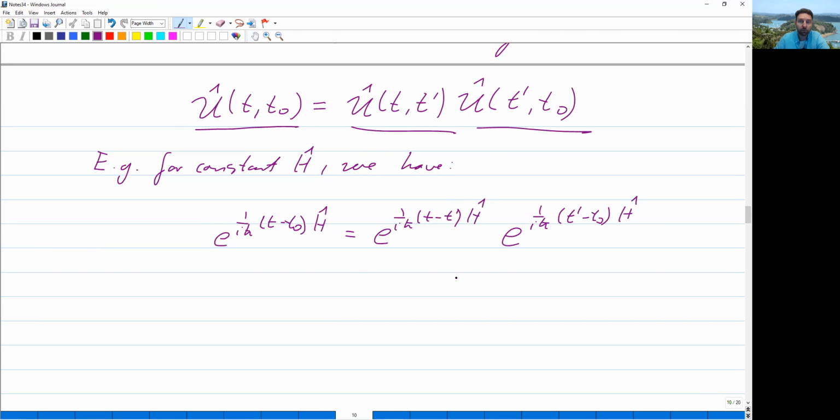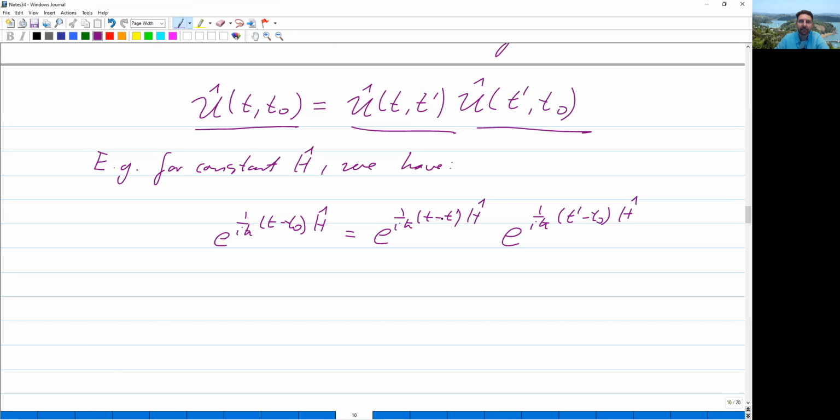And why is this true? Well, you see, there's only one operator in here. It's Ĥ, Ĥ. And Ĥ commutes with itself. It just behaves like a number in this product of exponentials. Therefore, we can pull these two exponentials together, just like we always can do with numbers.